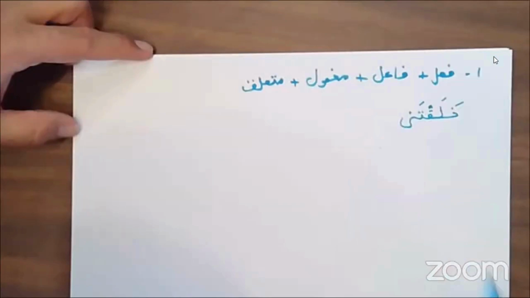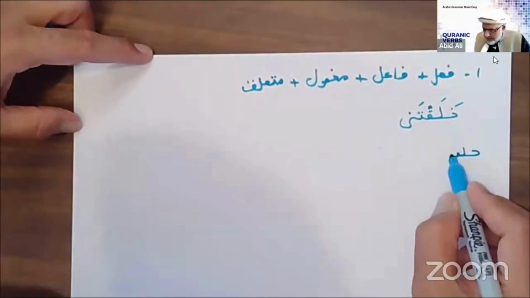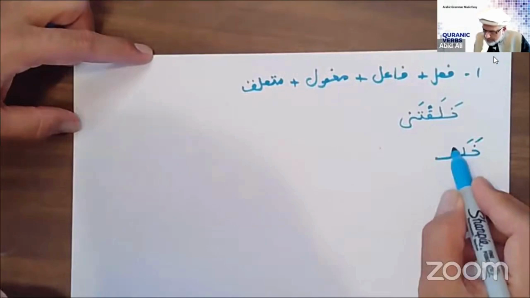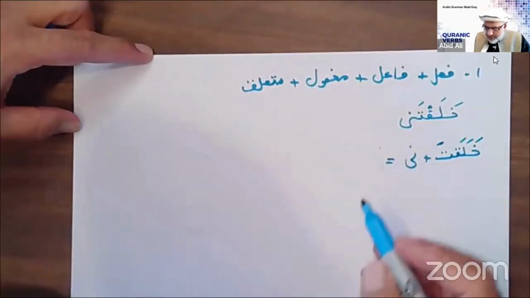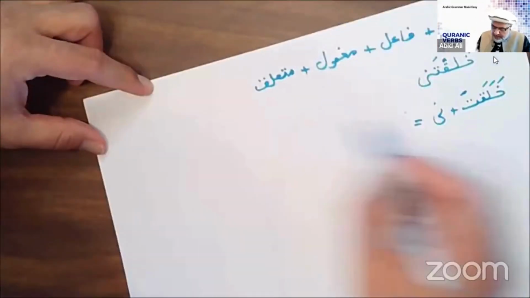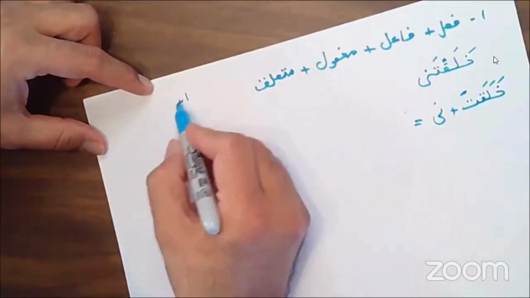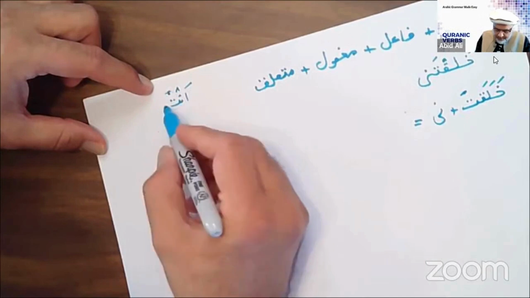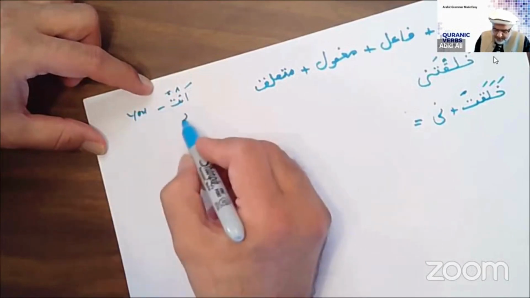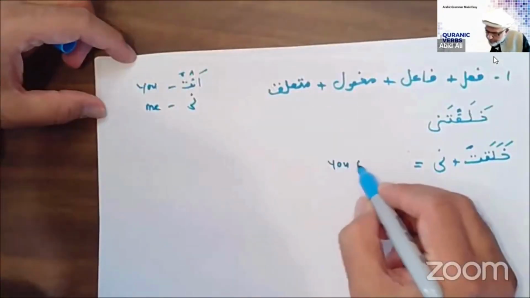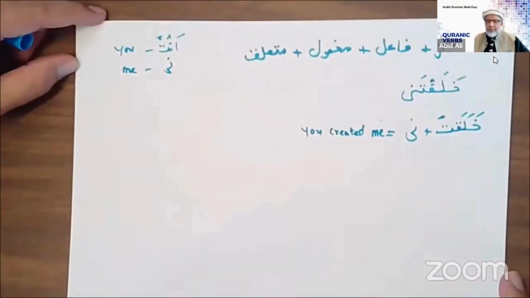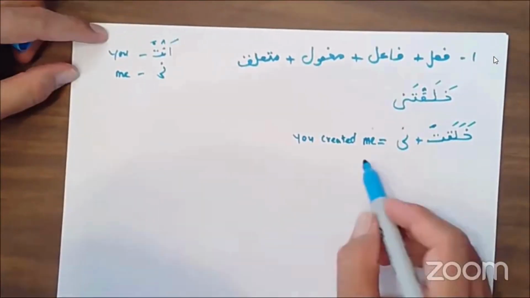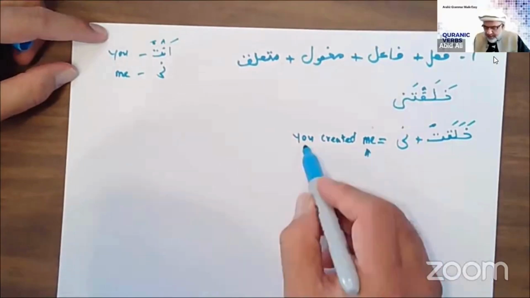You created me. Khalaqta, ni. Then you know that this is khalaqta with the anta, you created, and ni, me. So you created me. Are they both zamir? Yes, inside. The file and the maf'ul are both inside.